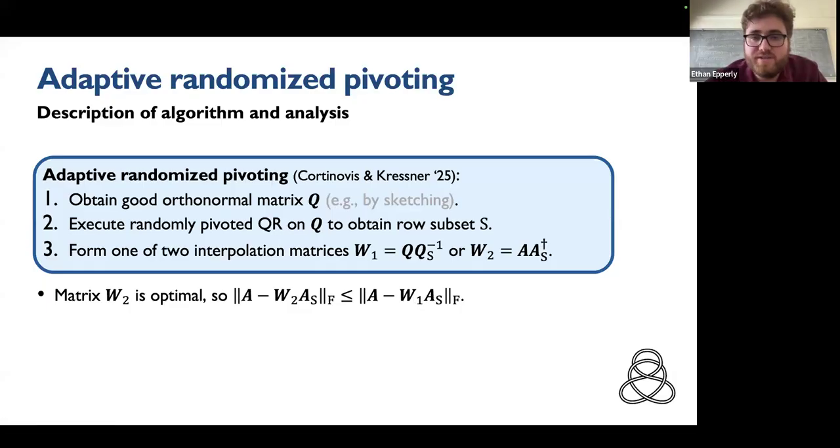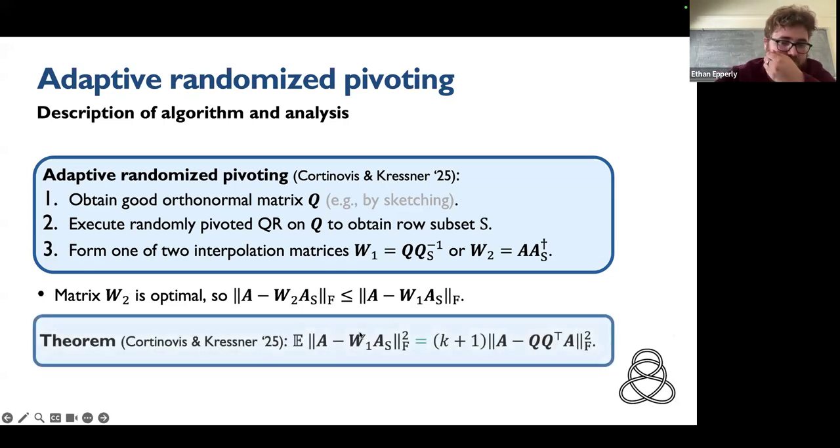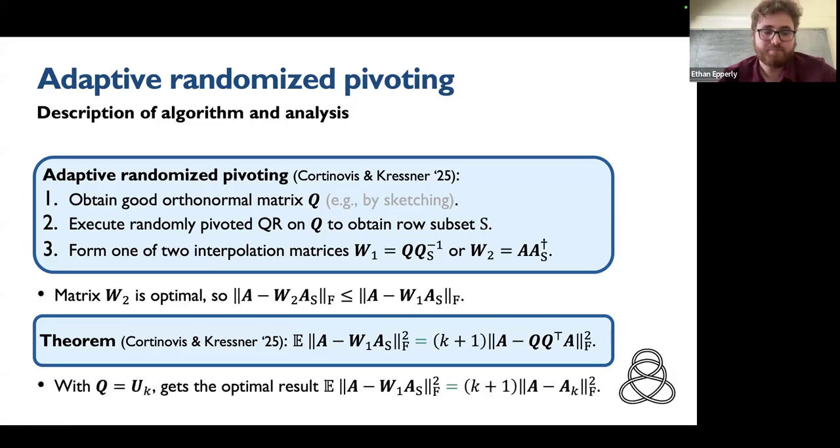Now, Cortinovis and Kressner's main theorem gives you a bound on A minus W1 A_S. Specifically, they prove that the expected error, A minus W1 A_S Frobenius norm squared, is equal to K plus 1 times A minus QQ transpose A Frobenius norm squared. I should emphasize this is an equality, an identity.